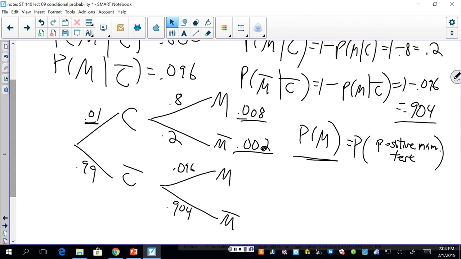Right? It splits into those two branches, 80% and 20%. And then if you multiply going down this one, that's 0.009504, and this one is 0.898496.